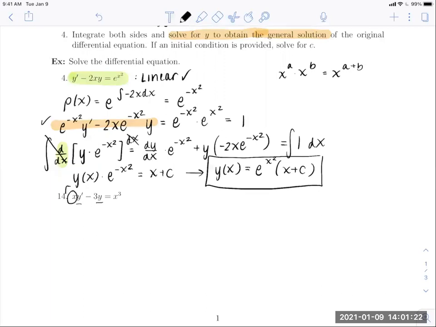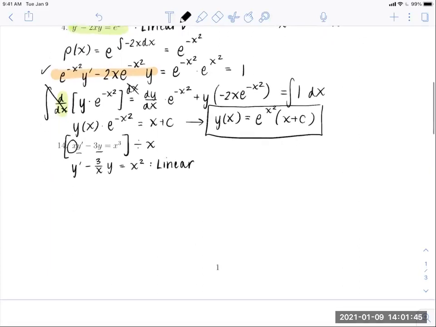So I'm going to take this entire equation and divide through by an x. That's going to leave me with y prime minus 3 over x y equals x squared. And so at this point, I'm going to recognize that this is standard form and this is linear. And we can move forward with calculating our integrating factor rho of x.